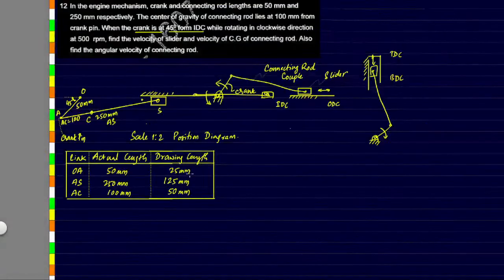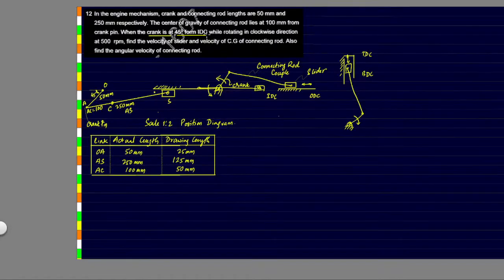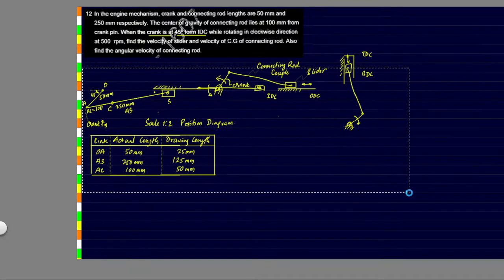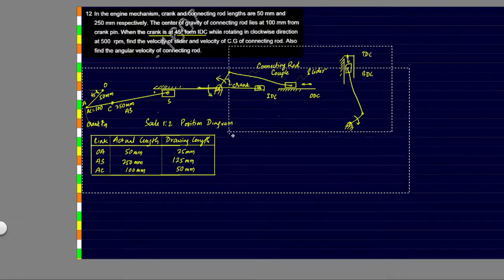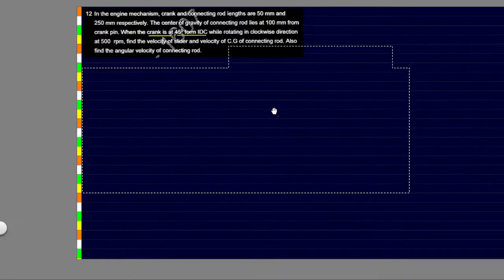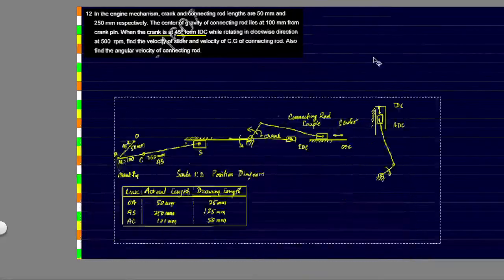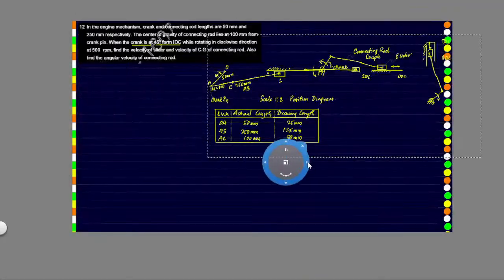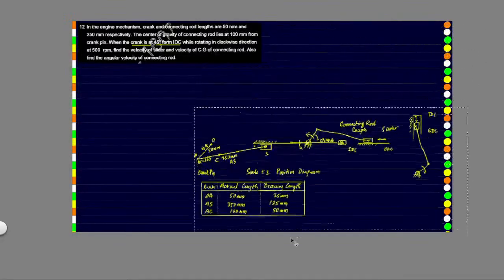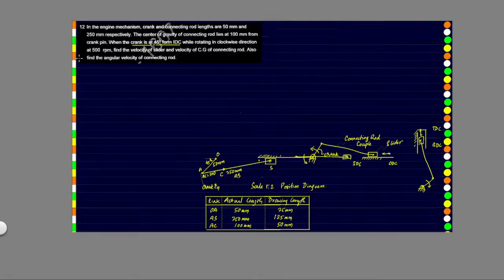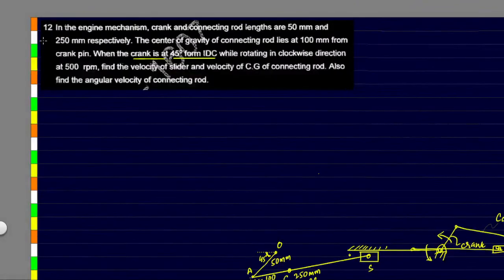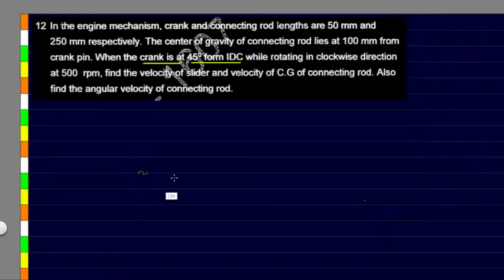For the velocity diagram, first we will have to calculate some of the velocities. Let me quickly take all this, move it down, and move it to the other side, so that we'll have space for going on for the velocity.